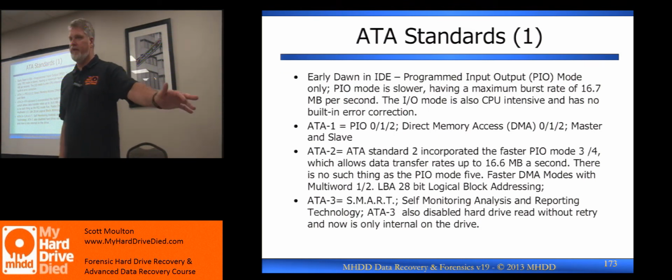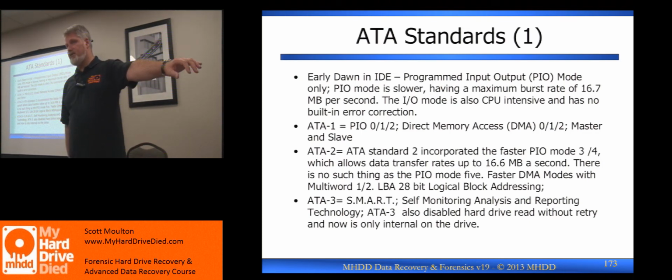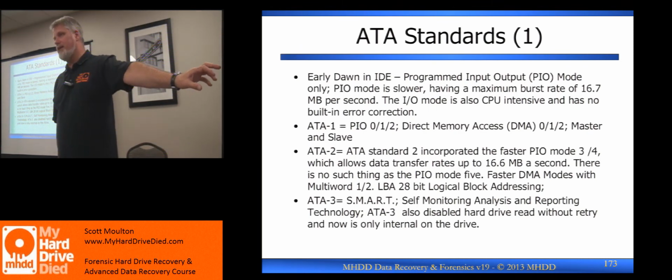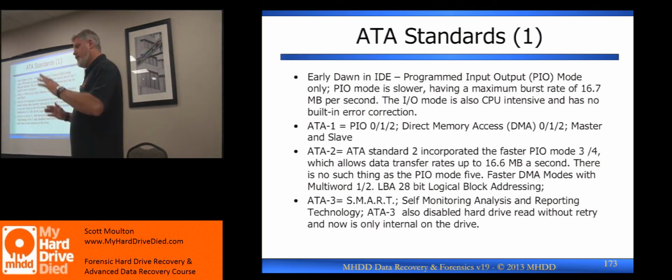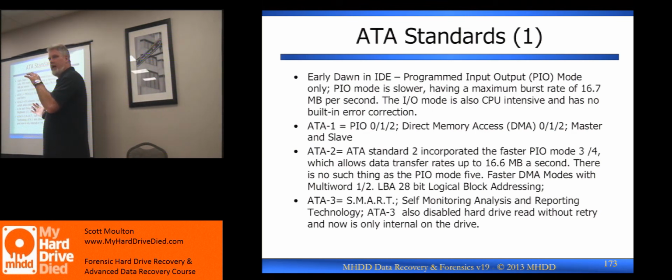Out of all the systems, DeepSpar is best at doing this because they build an array. DeepSpar will soon have that function. The Atola does not currently have the function to build an array. And what I mean by this is, if you're reading a sector and you have an ignore ECC, it's a guess. You read it once. Normally the drive only reads and returns once. And you can say, give it to me anyway, even though I know you're going to say error, give it to me anyway.